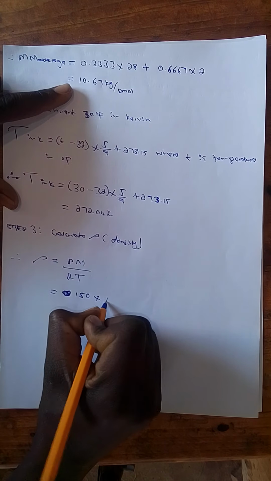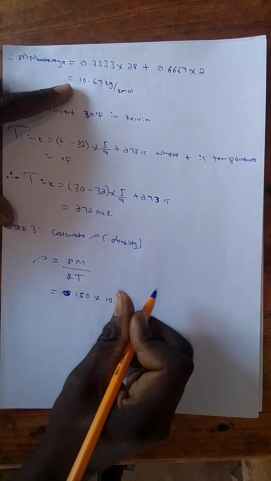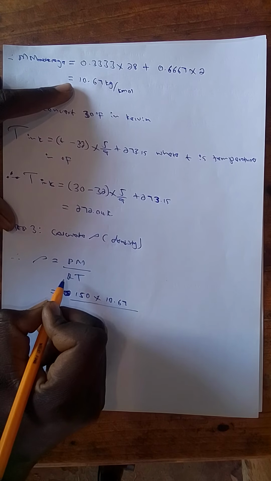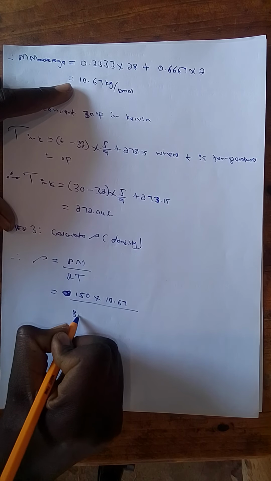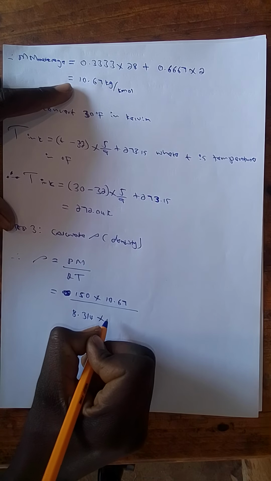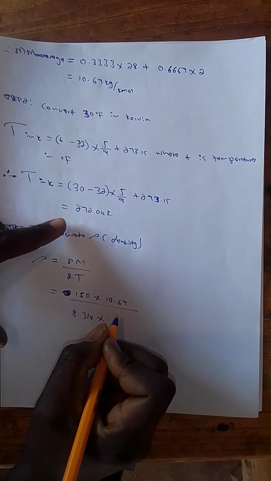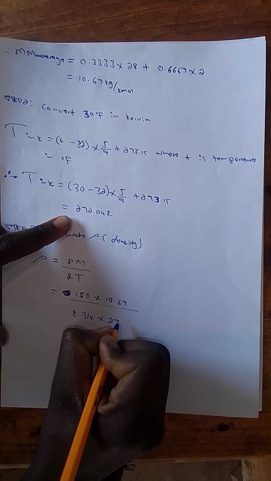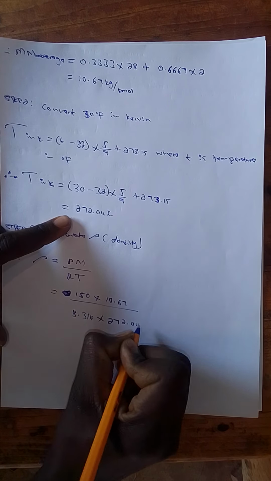We calculated it to be 10.67, all over our R, which is a constant of 8.314, multiplied by our temperature in Kelvin, 272.04.